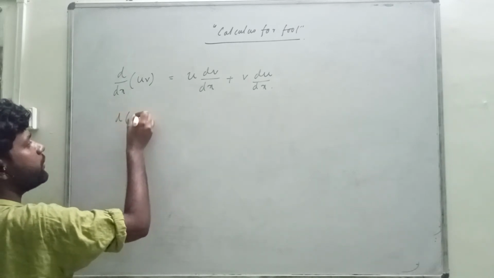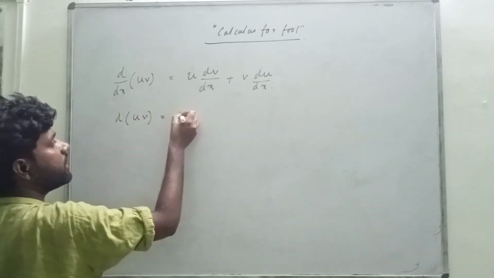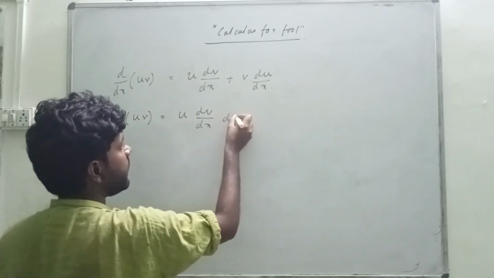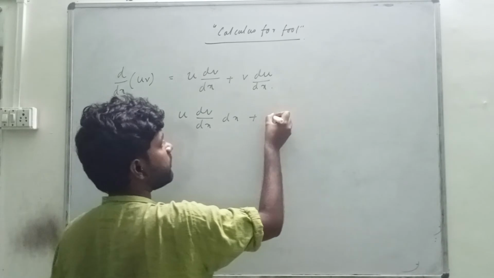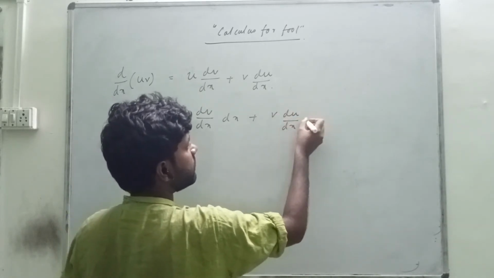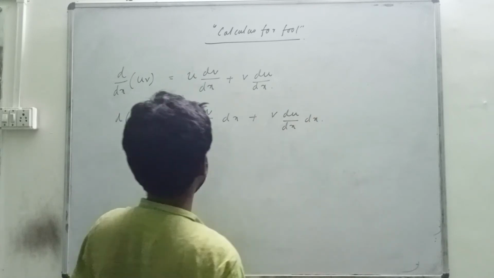You will get d(uv) here, equals u dv over dx plus v du over dx into dx.